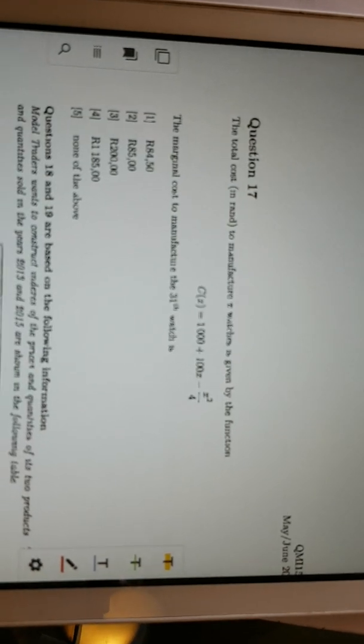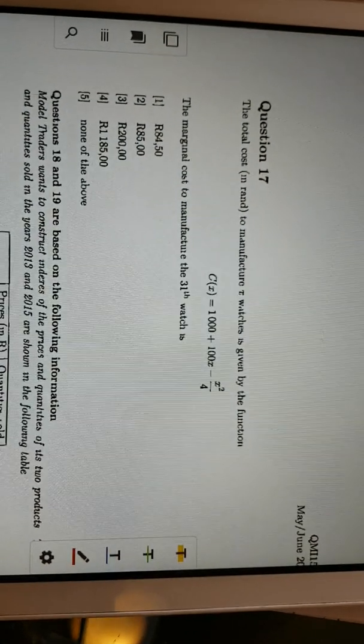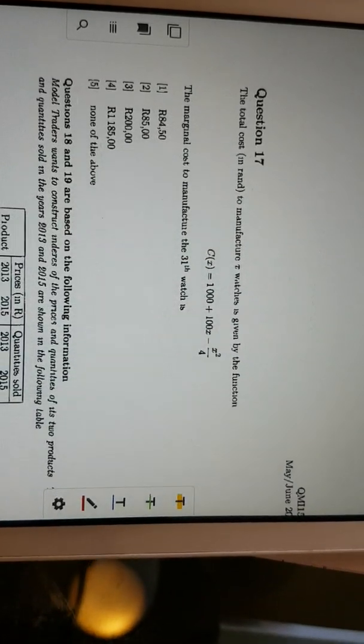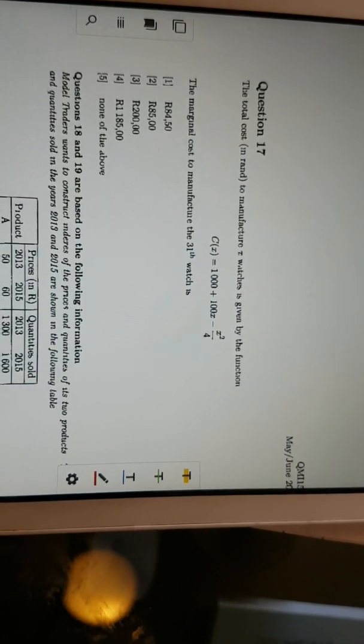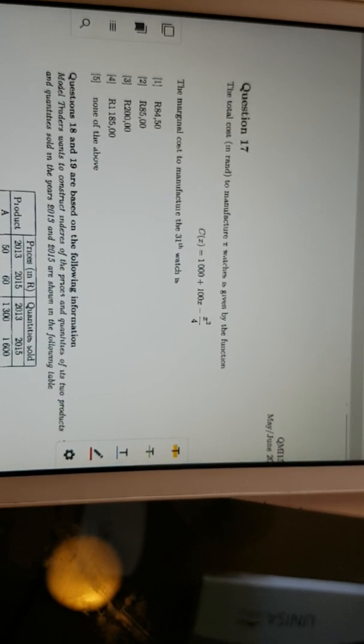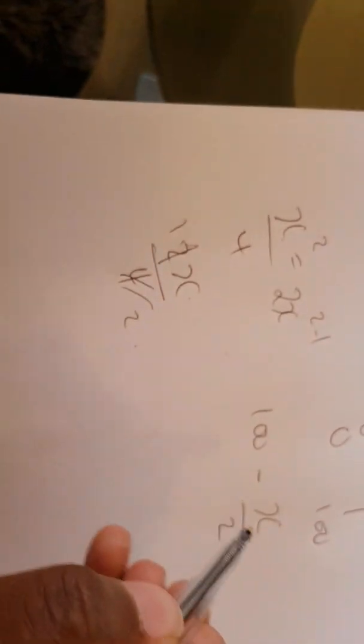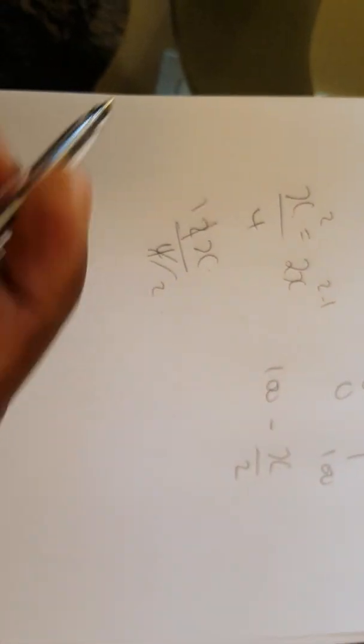Okay, so now they said the marginal cost to manufacture the 31st watch is. What I'm going to tell you is that the cost of manufacturing the 30th watch is similar to the marginal cost of manufacturing the 31st watch. So wherever there is x, we'll substitute 30.